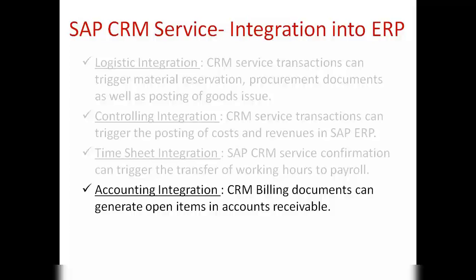In the backend system, for every billing document generated from CRM, they can see we are supposed to get this much money from this customer. So every billing document will generate an open item for the account receivable people.